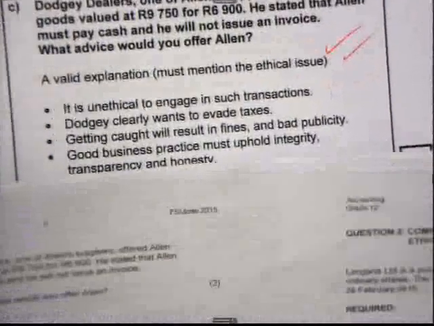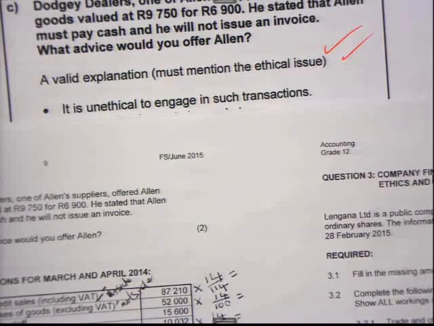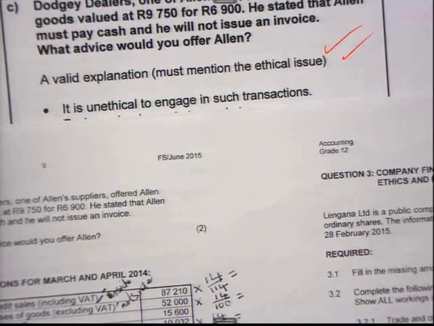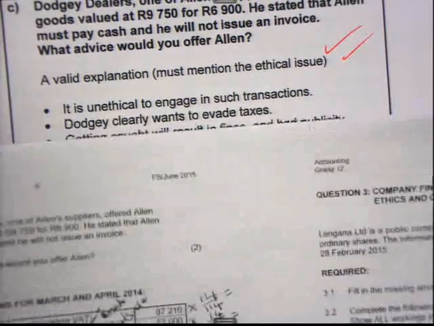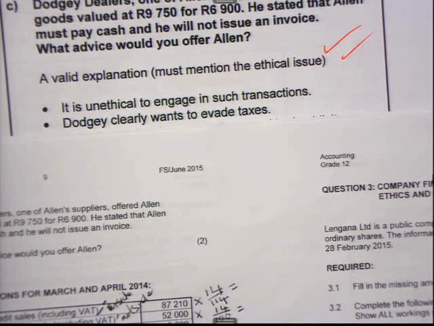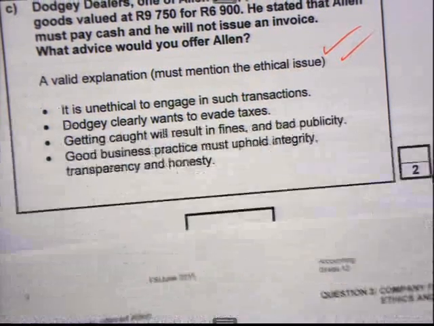Number 1, bullet 1. It is unethical to engage in such a transaction. You can get a mark for it. And number 2, dodgy clearly wants to evade taxes, which is wrong, which is illegal. You can also get a mark for that.